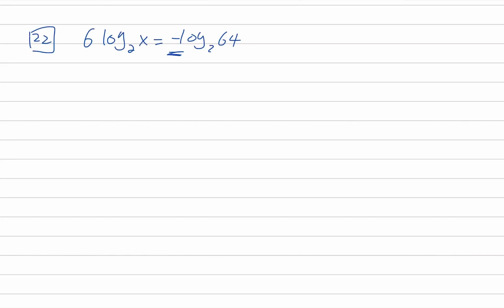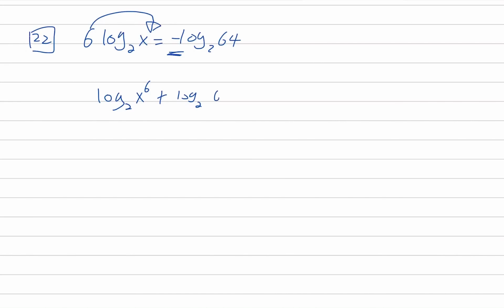Okay. Well, since you can't, we just have to have all the logs on one side. So first, I'm gonna write this as log base 2 x to the 6th, because I'm bringing 6 right here, plus log base 2 64 equal 0.